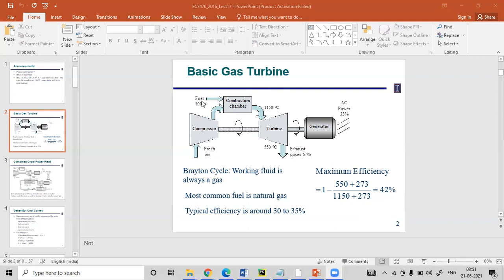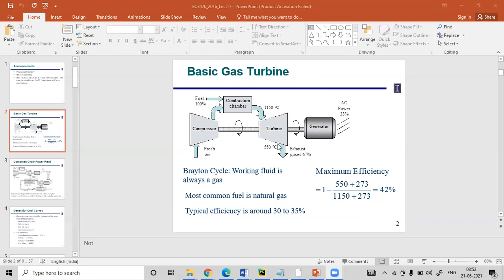This fuel is 100%, meaning there is no mixing of other things, any air or vapor, and when this fuel combines with fresh air, it burns and produces heat. This heat energy is used to produce the vapor, and this vapor is injected at the turbine blade, right?